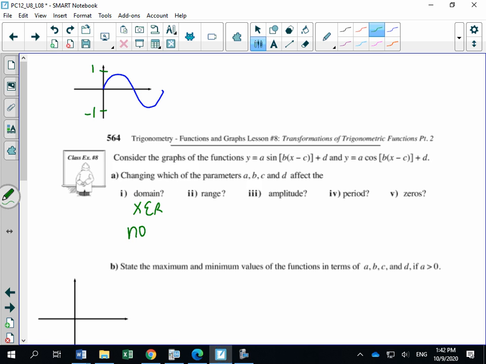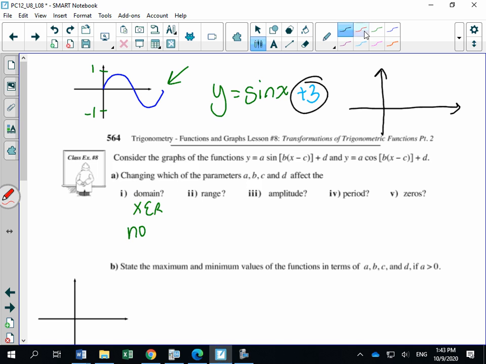The range is definitely affected. So let's say I took y is equal to the sine of x, which I have right here, and let's say I said, please add 3 to that. What you would be getting is a midline at 3. So 1, 2, 3. This would be your midline. And now your graph would look like this.